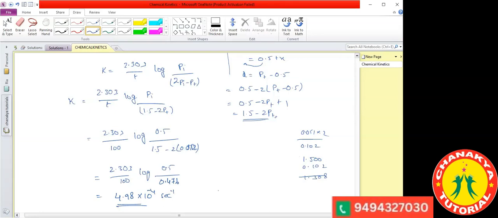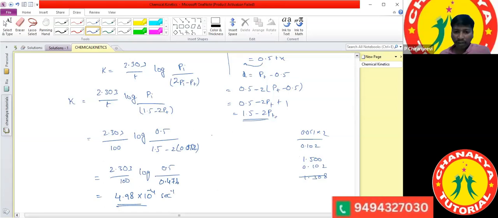So how will we take the log value in this, for the answer to be in decimal? Yes, in decimal. If you divide, 0.5 divided by a rough value we can take as 0.476, how much are we getting?